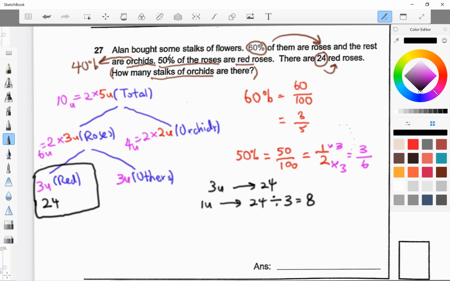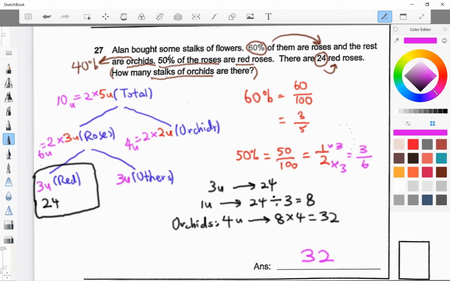And from there, if I wish to find the orchids, that would naturally be 4 units. 4 units is 8 times 4, which leads us to 32. So 8 times 4 equals 32. And having arrived at this stage, I'm extremely happy because I have managed to find the answer.